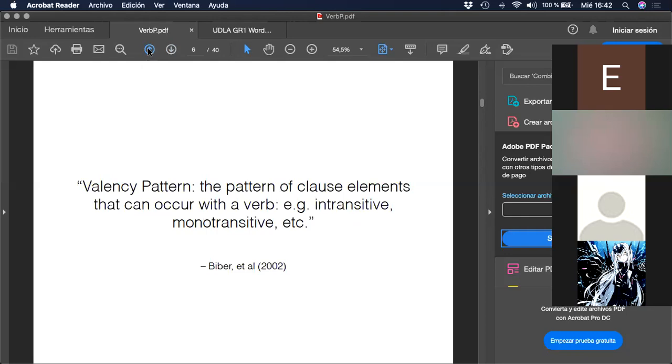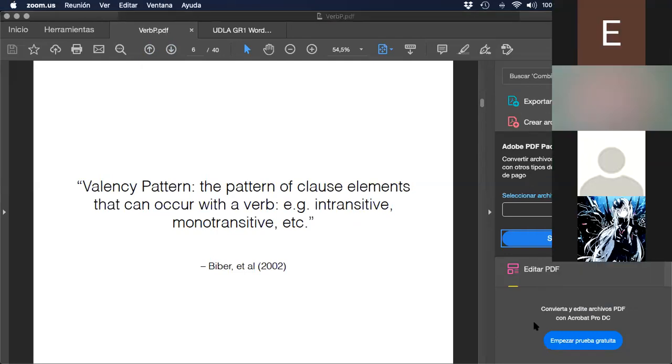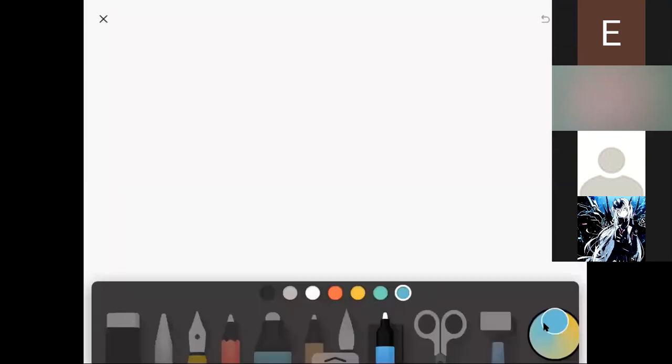Okay, let's go with the idea of valency pattern now. A valency pattern is the way in which we're going to create clauses.